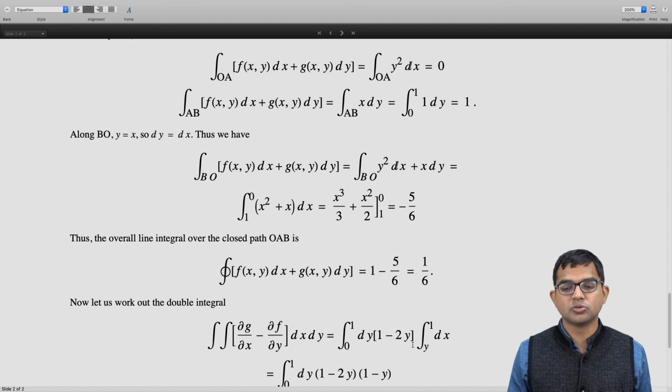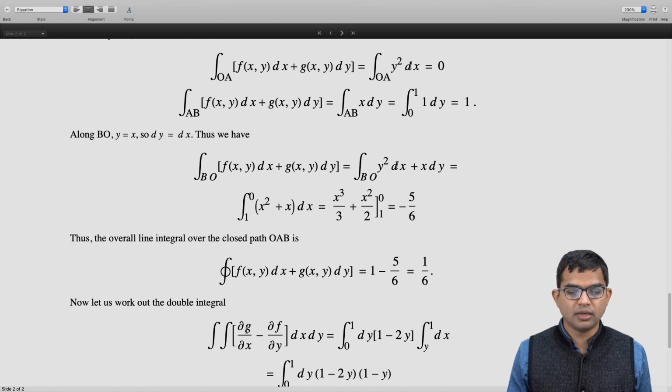So we have 1 minus 2y, and then we also have this integral dx, which goes from y to 1, right? So you can fix the limits of integration and immediately work it out.